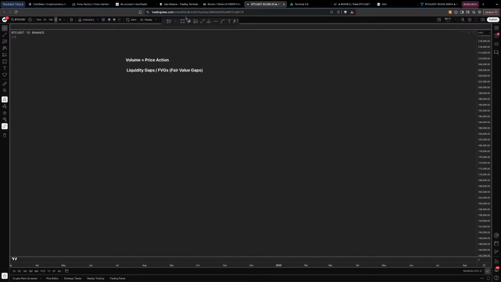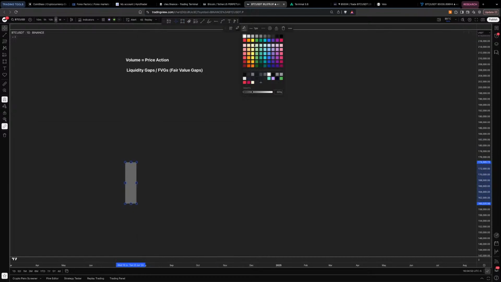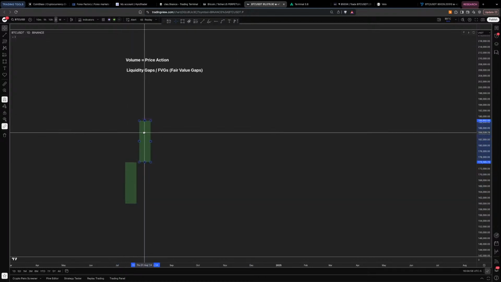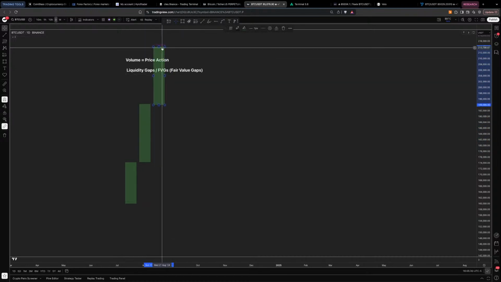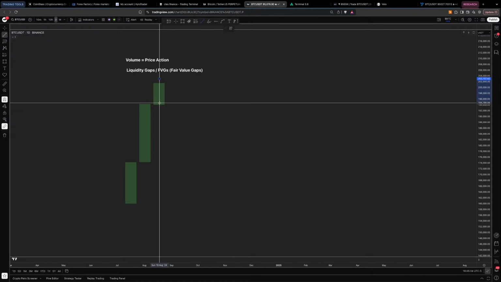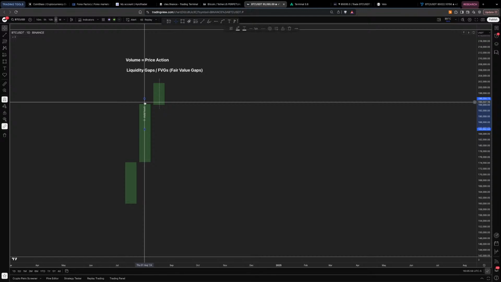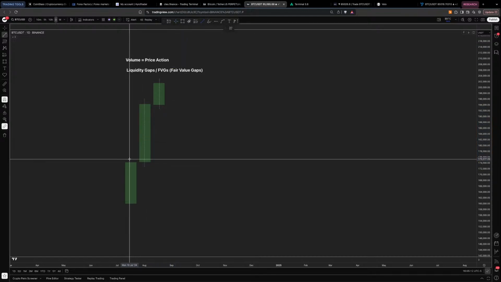Okay, so in order to understand gaps, I'm going to draw here some candles. Okay, let's put this as a bullish scenario. All right, we normally have 3 candles for this example over here. All right, and those candles also normally have their wicks, right? We have candle wicks over here.